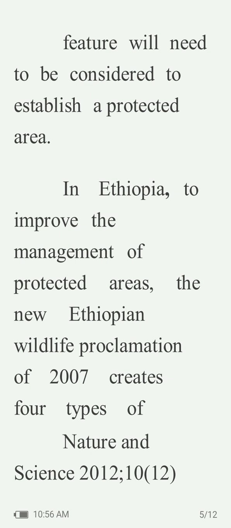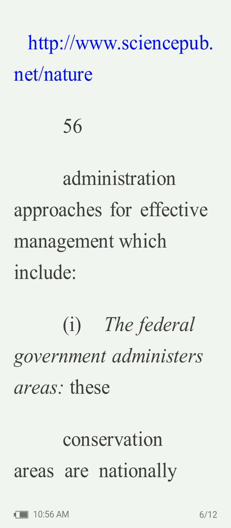In Ethiopia, to improve the management of protected areas, the new Ethiopian Wildlife Proclamation of 2007 creates four types of administration approaches for effective management. First, the federal government administered areas.